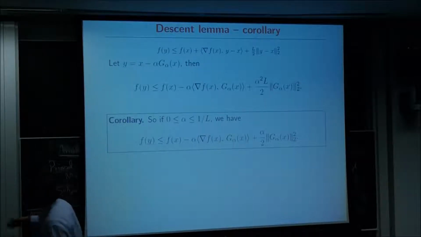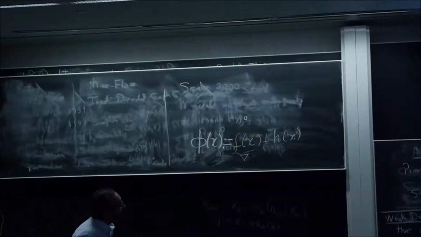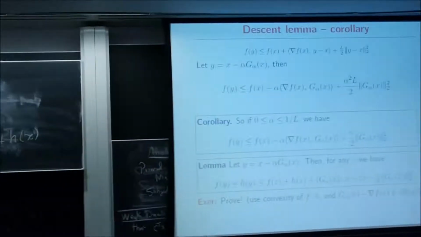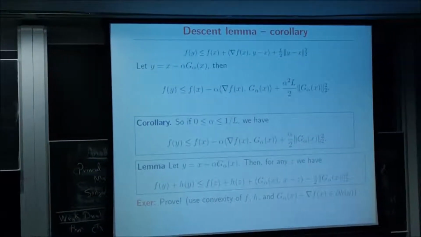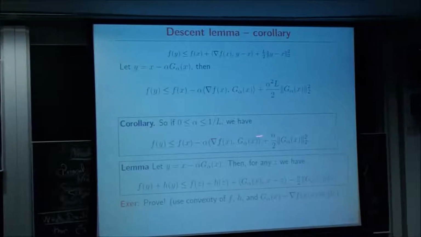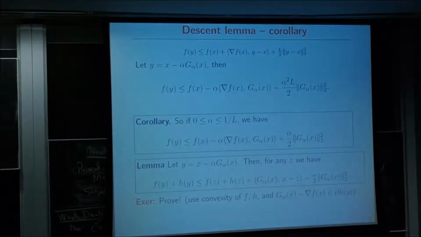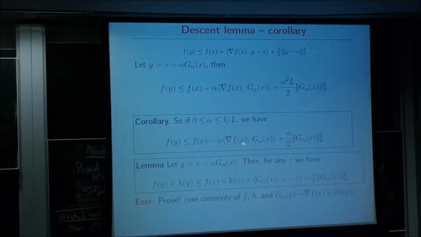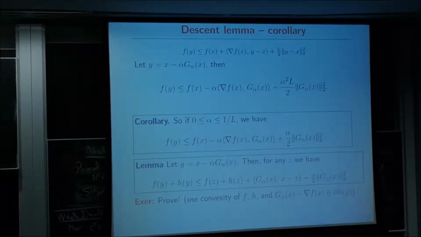So you want to descend not on f but on phi, which is f plus h, because that's what you're minimizing. That part I have left as a small exercise for you. That exercise is basically just rearranging this important corollary that we have obtained, and then merely rearranging a few things, adding h to both sides. It's a nice little exercise.